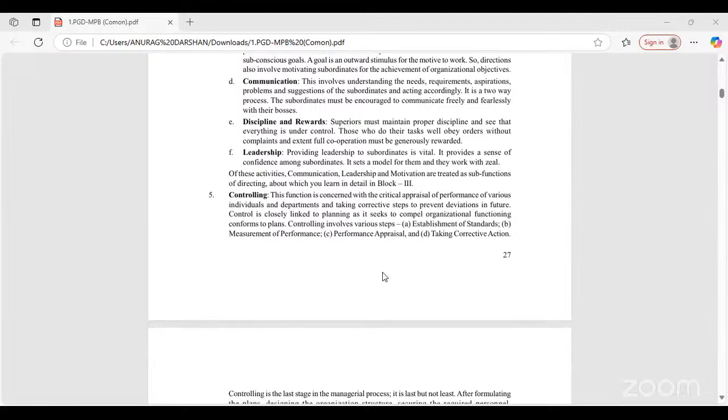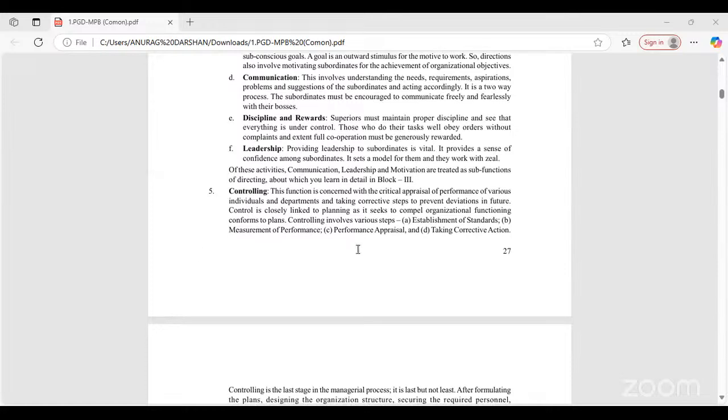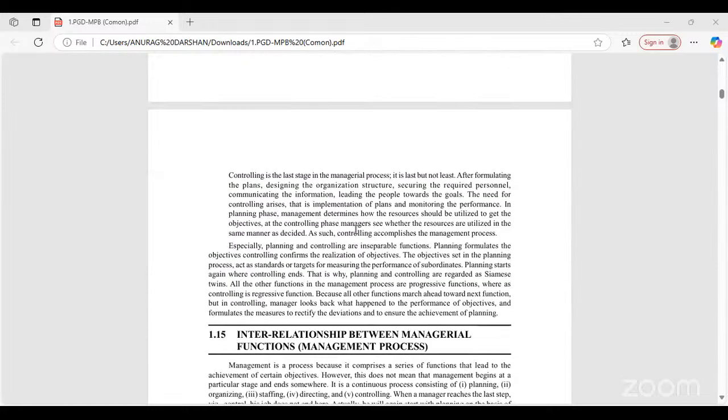Controlling is concerned with the appraisal of the performance of various individuals. You need to establish standards, measure performance, and based on the performance, appraise them. If any corrective actions are needed, you guide them to take those actions.